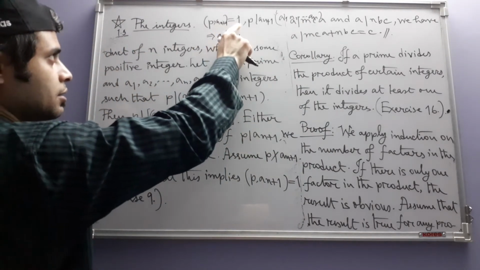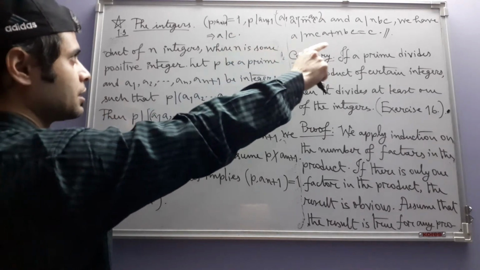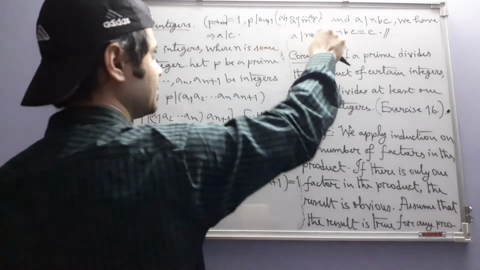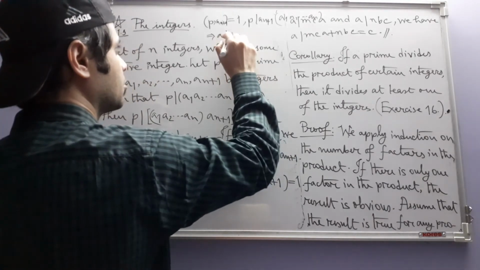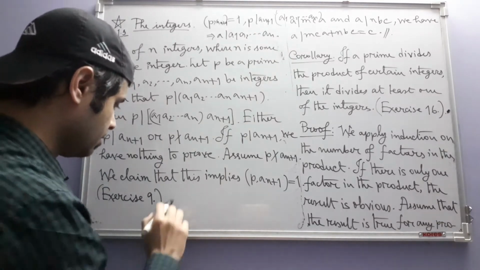So this is relatively prime to this, and this divides the product. So it has to divide the other thing, A1, A2, up to an.